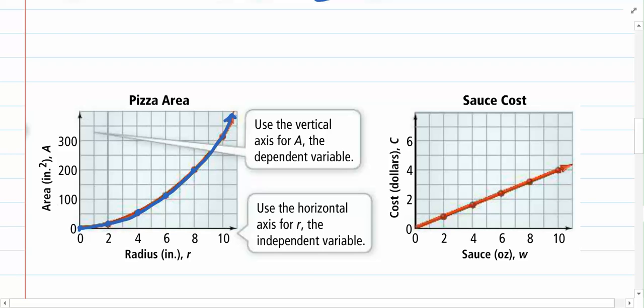This graph does not look like a line, therefore it is a non-linear function. The sauce cost, however, is a linear function because if I connect all the data points on the graph, I would get a nice smooth line. So sauce cost would be linear and pizza area would be non-linear.